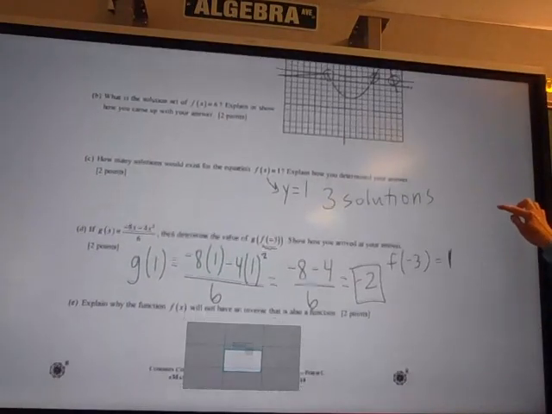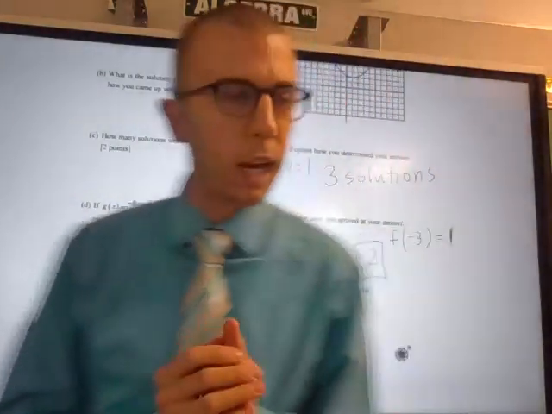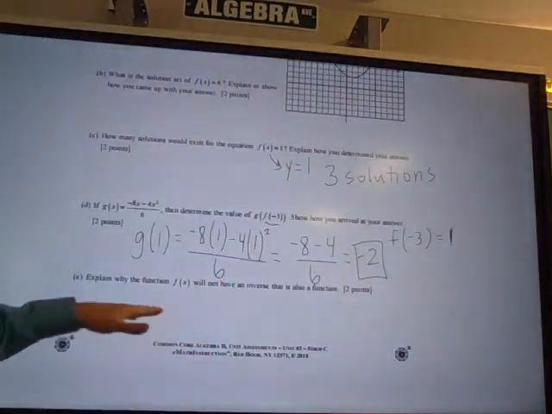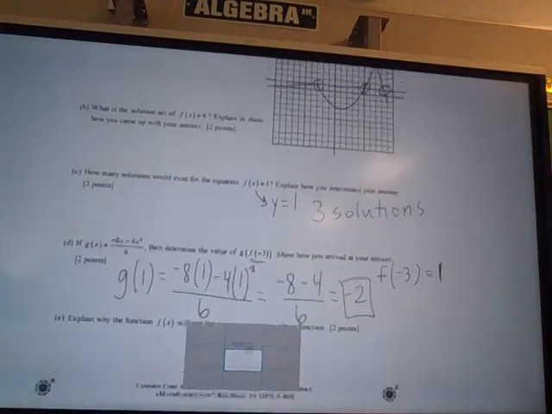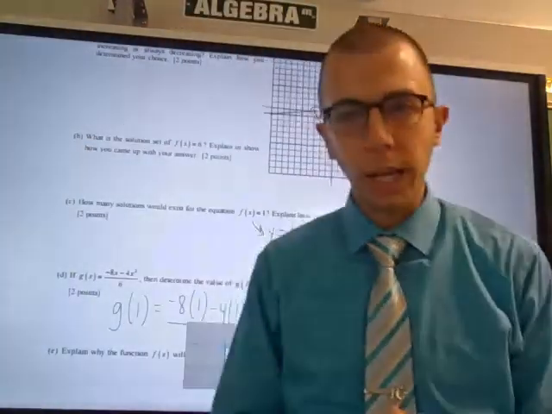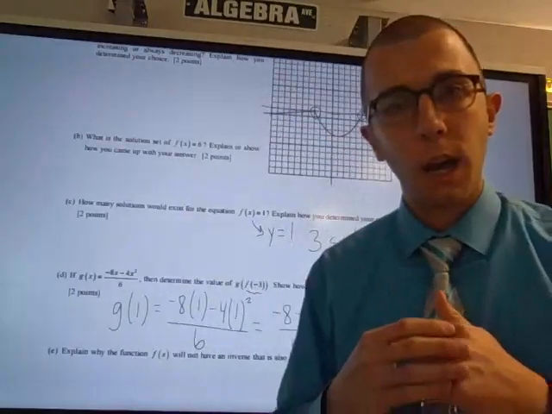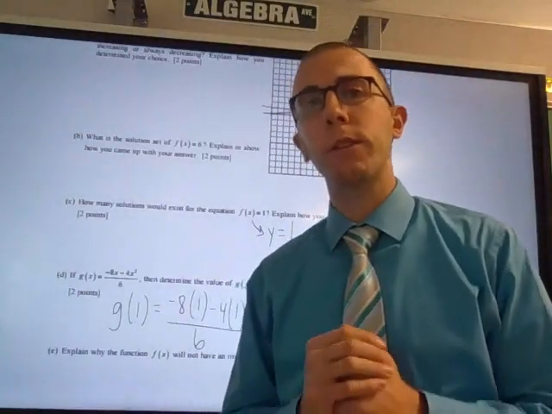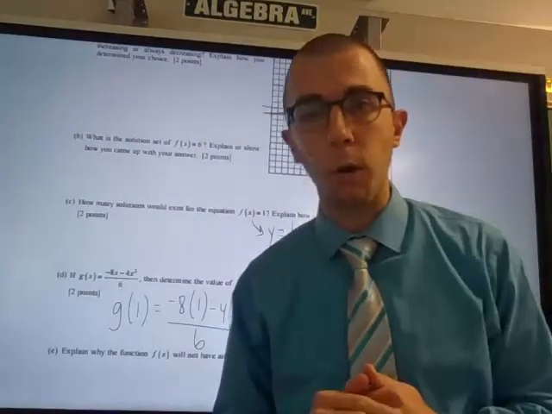Alrighty. And the last one I'm just going to explain here, so listen carefully. It says explain why the function f of x will not have an inverse that is also a function. That goes back to the concept that a function will only have an inverse that's a function if the function is 1-to-1.